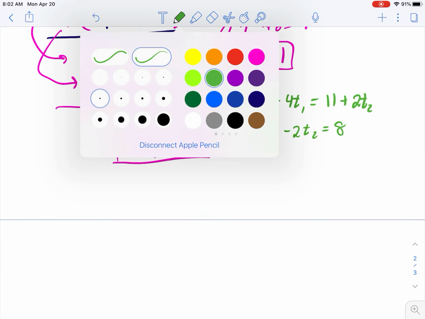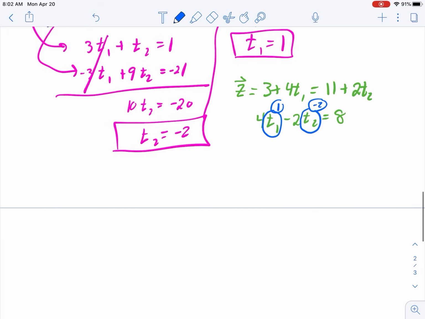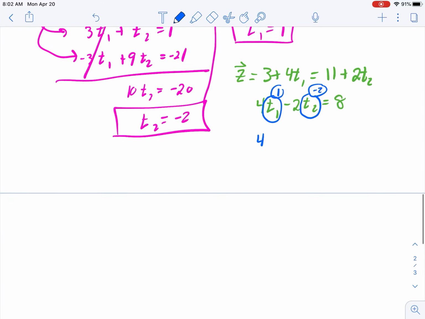So throwing in my times here and here, this here would be 1, and this would be negative 2. So if I plug that in, I have 4 plus 4. So notice we have 8 equals 8. So it checks there.